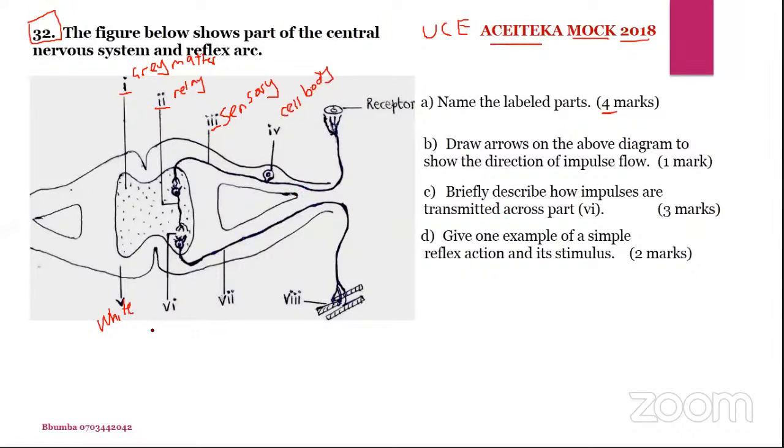Thank you, that's actually that gap, synapse, or synaptic cleft. And then part 7, Hosea. The motor neuron. Okay, thank you, Hosea. This is the motor neuron. And then finally, part 8.